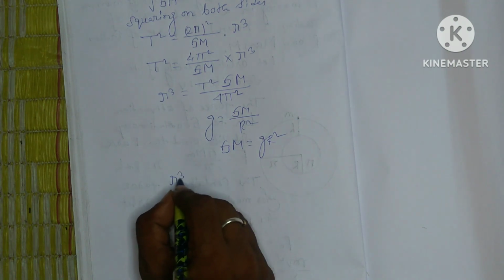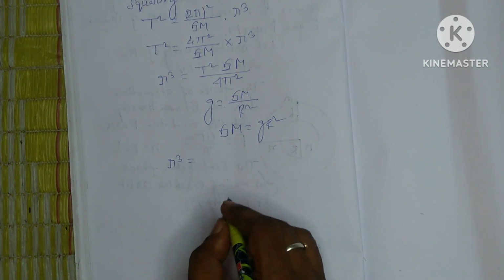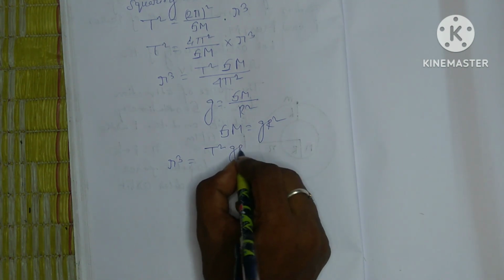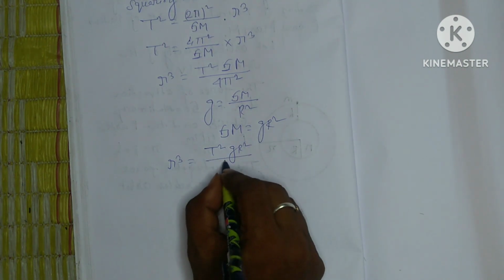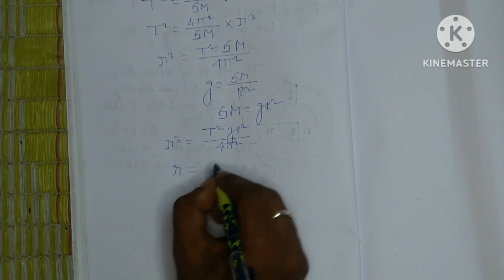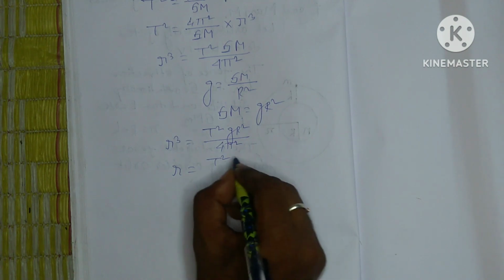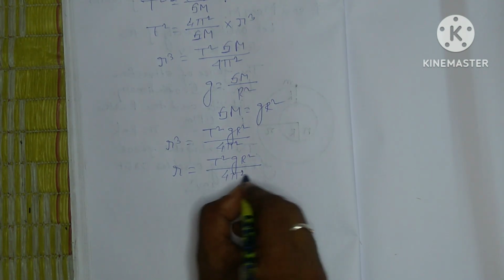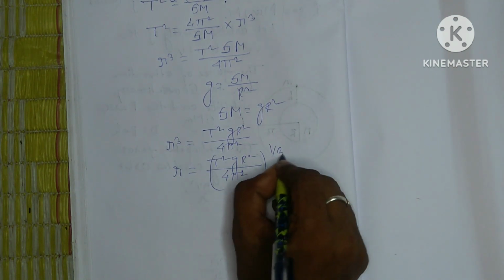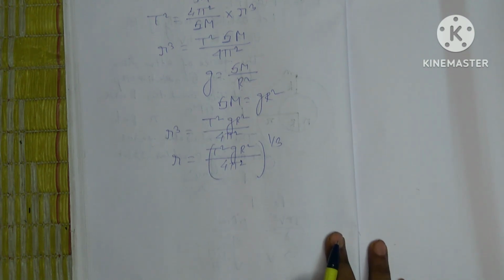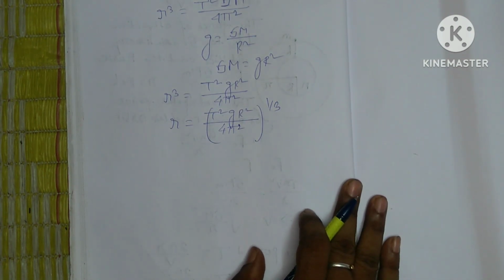So r cube equal to T square gR square by 4 pi square. So r equal to (T square gR square by 4 pi square) to the power 1/3. So this is the value of r.